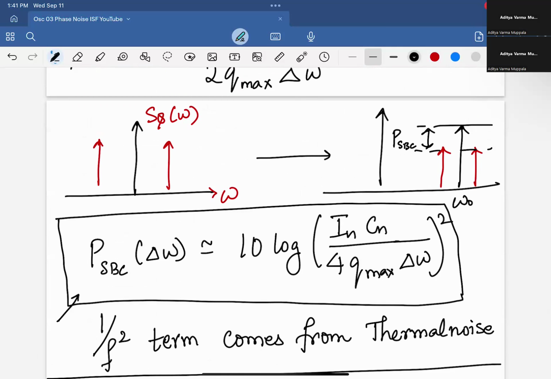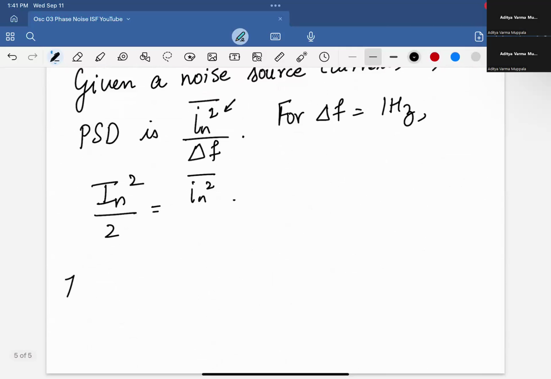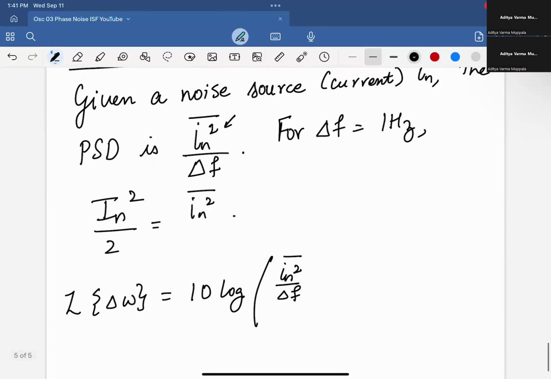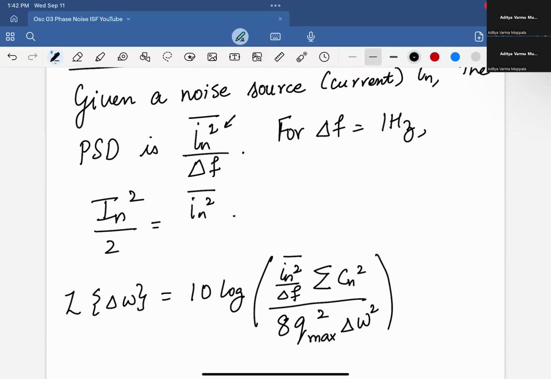Into this equation basically. So we end up with the power spectral density, or the noise spectral density, which was defined as the phase noise, equal to 10 log of i_n squared bar over delta f, the power spectral density of the noise source itself, times the sum of Cn squared over 8 q max squared delta omega squared, where n goes from 0 to infinity.